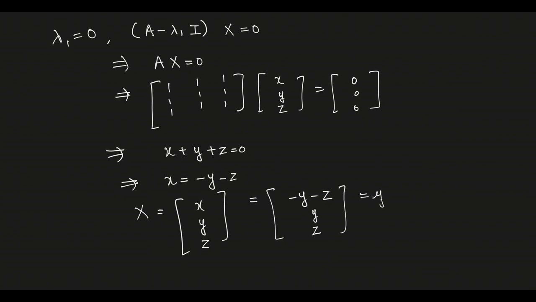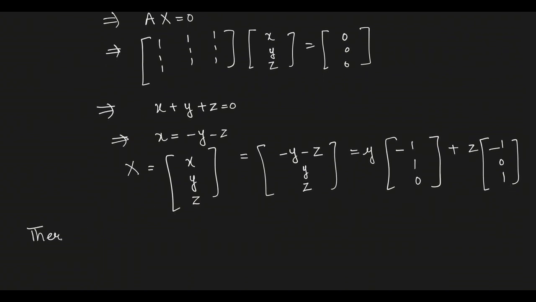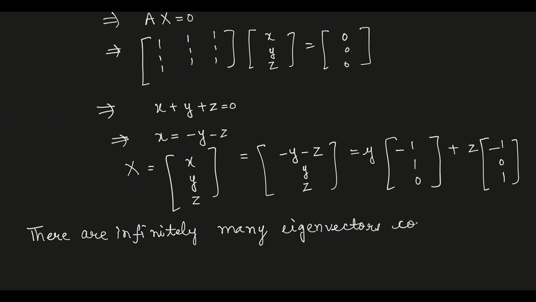I can take y common: y times minus 1 1 0, plus z times minus 1 0 1. This means that there are infinitely many eigenvectors corresponding to lambda equal to 0, because y and z are free variables, na?